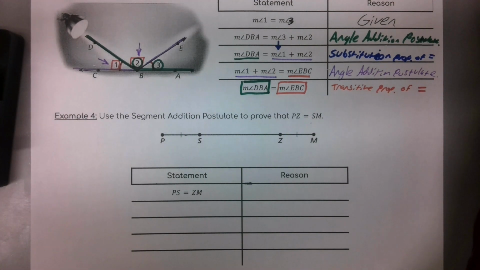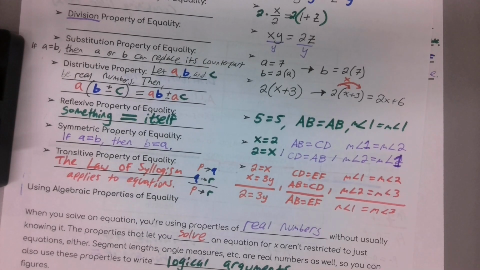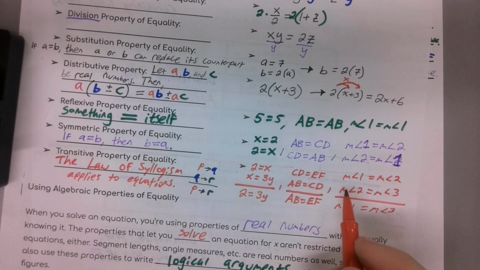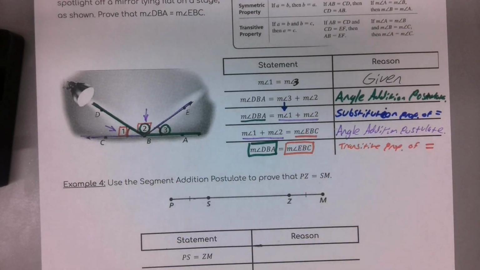Remember, that was the one that said if A equals B and B equals C, then A equals C. If the measure of angle 1 equals the measure of angle 2, and the measure of angle 2 equals the measure of angle 3, then the measure of angle 1 equals the measure of angle 3. It's the same general deal, just a little more complicated.